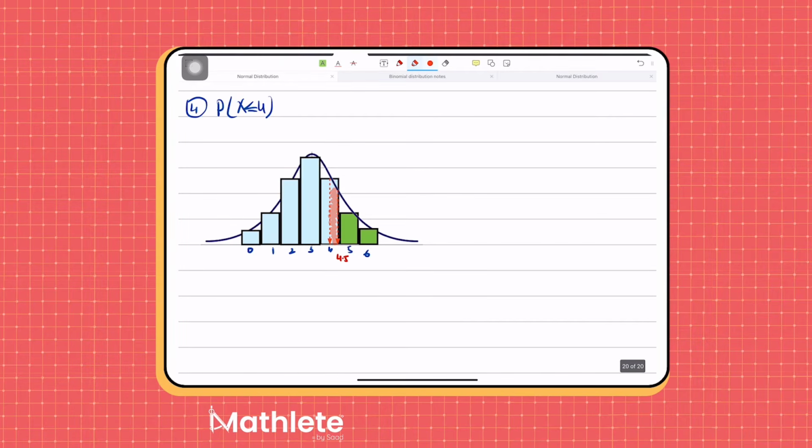Taking 4.5 means we don't miss out on any area, but taking 4 means we miss out on a small area. So why do we convert over here? That's because if we don't, this would result in an underestimate. Therefore, if you're ever asked for the probability of x being lesser than or equal to 4, we take the probability of x being less than 4.5, not 3.5.